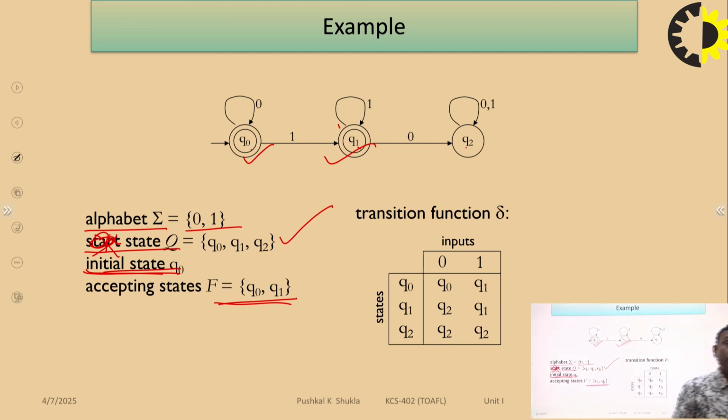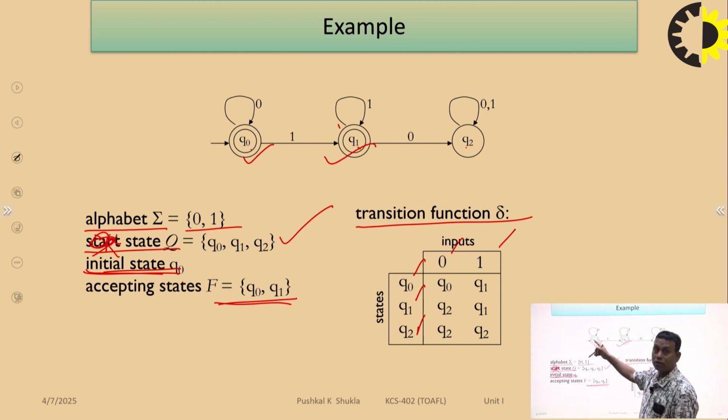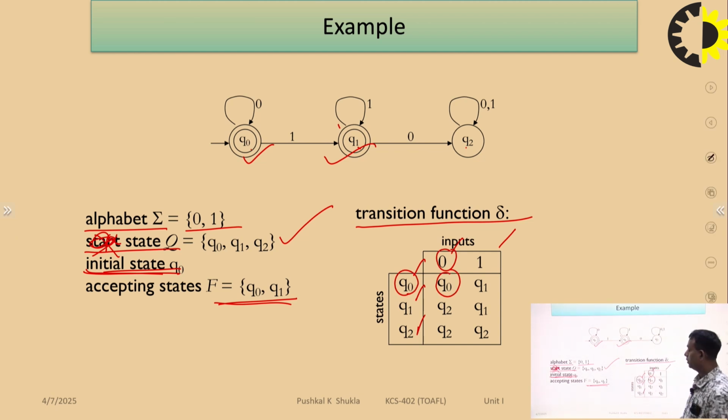And the most important thing is the transition function, that is delta. In the transition table, we write the three states Q0, Q1 and Q2, and the two inputs 0 and 1. For state Q0 with input 0, it goes to Q0.